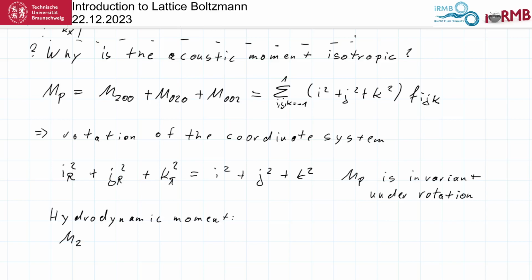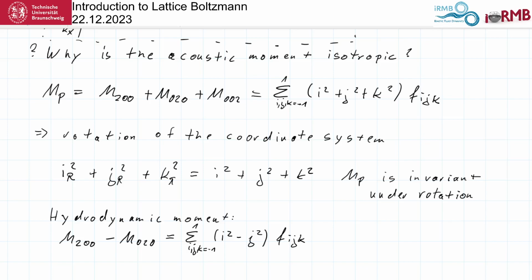Say we have the moment M20 minus M02, which is equal to the sum over i, j, k from minus 1 to 1 of i squared minus j squared. So we just take the definition, as we did in the previous example.